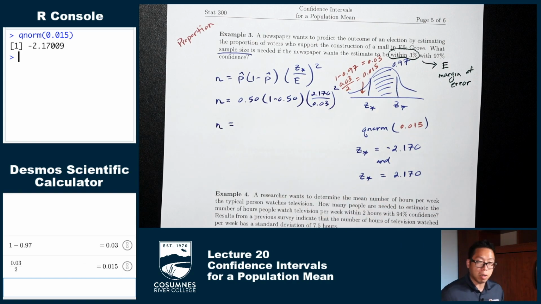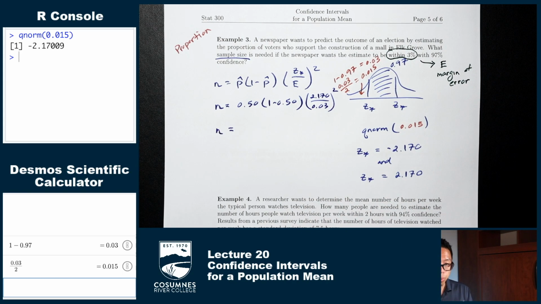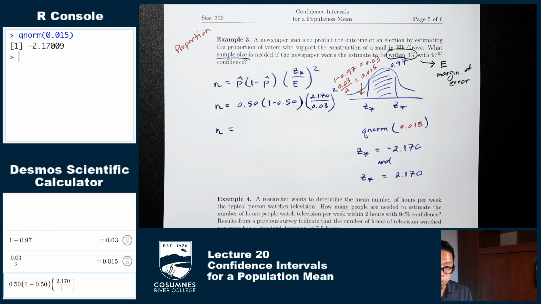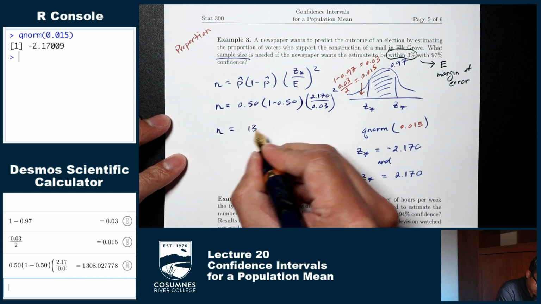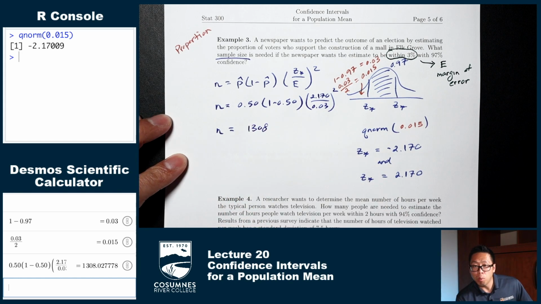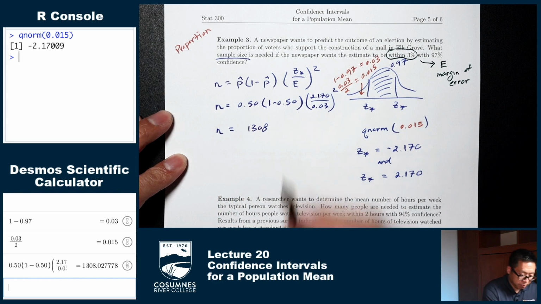Let me enter that into the calculator: 0.50 times 1 minus 0.50, times 2.170 over 0.03, close parentheses, square it, don't forget the square, and I get 1308.028.